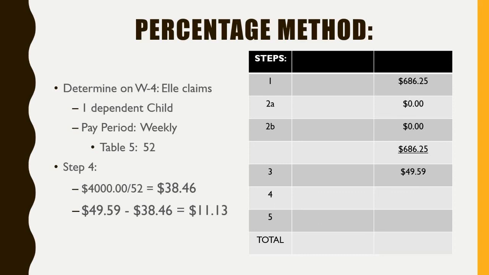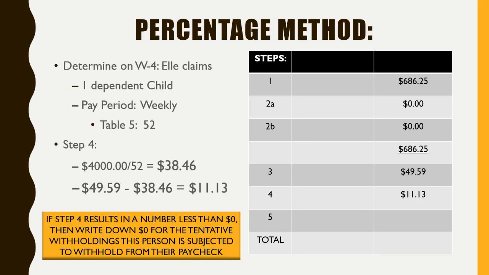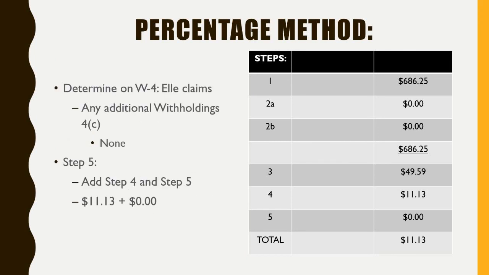The rule is if it goes beyond the amount of tax, then it's just zero. No federal taxes whatsoever. So that means she is going to be subjected to $11.13 of federal income tax withholdings. Okay? All right, good so far?